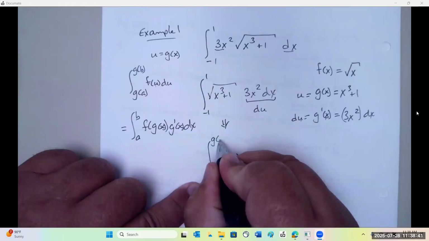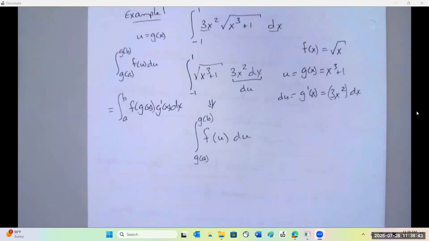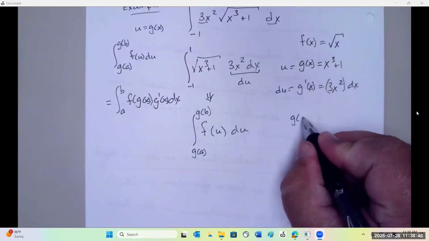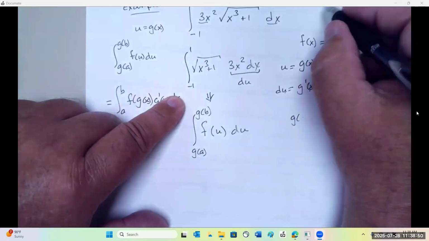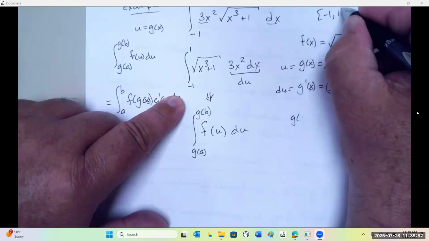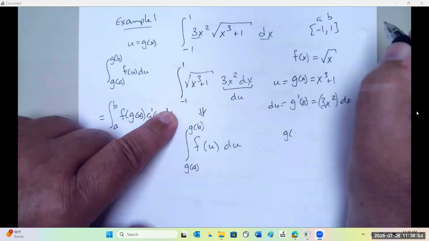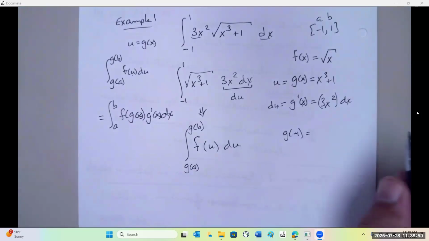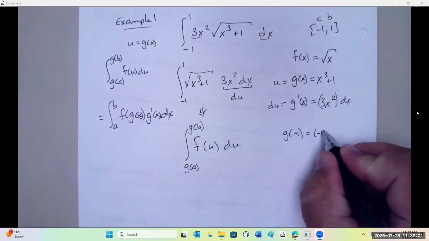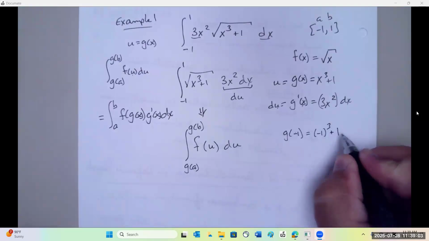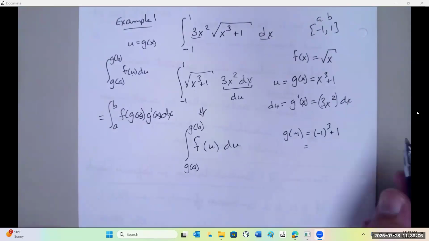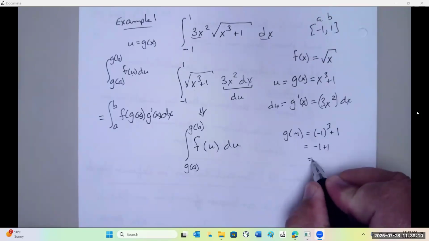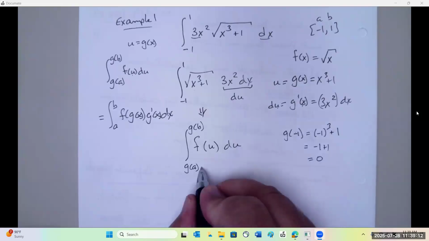Now, according to our theorem, we have to redefine the bounds. So g of a, our bounds are from -1 to 1. This is a, and that's b. So g of -1 is -1 cubed plus 1, which becomes -1 plus 1, which is 0.